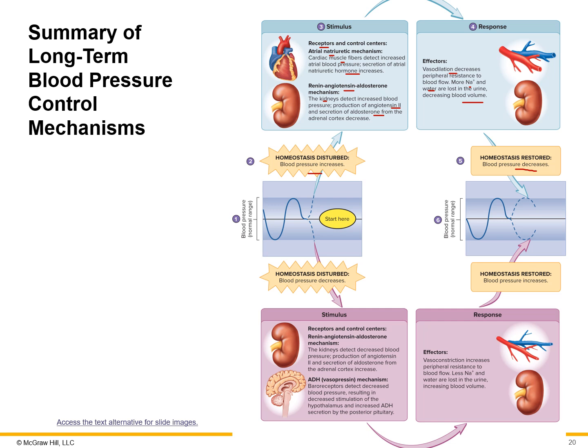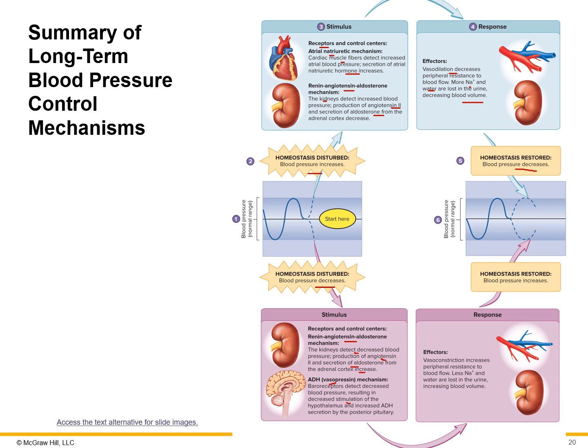Now on the other side, if the blood pressure decreases, in the renin-angiotensin-aldosterone mechanism, the kidneys detect that decrease in blood pressure, and now it's going to produce angiotensin 2, and the secretion of aldosterone is going to increase instead of decreasing. And then we have the antidiuretic hormone, or vasopressin, where the baroreceptors are going to detect that change in blood pressure.